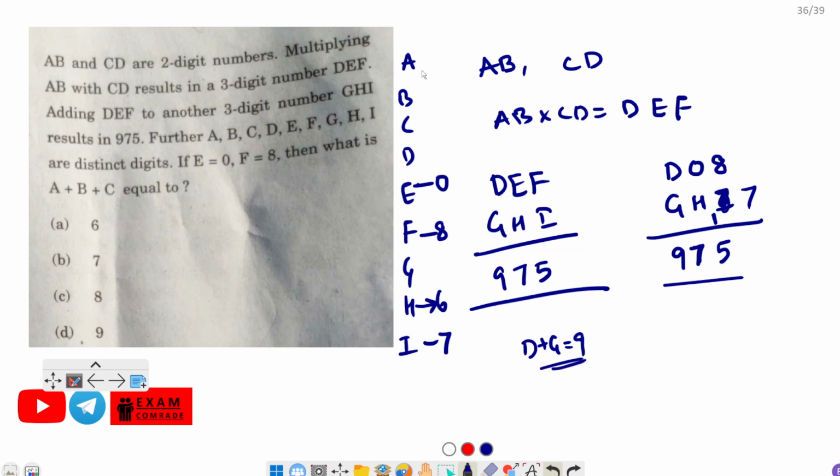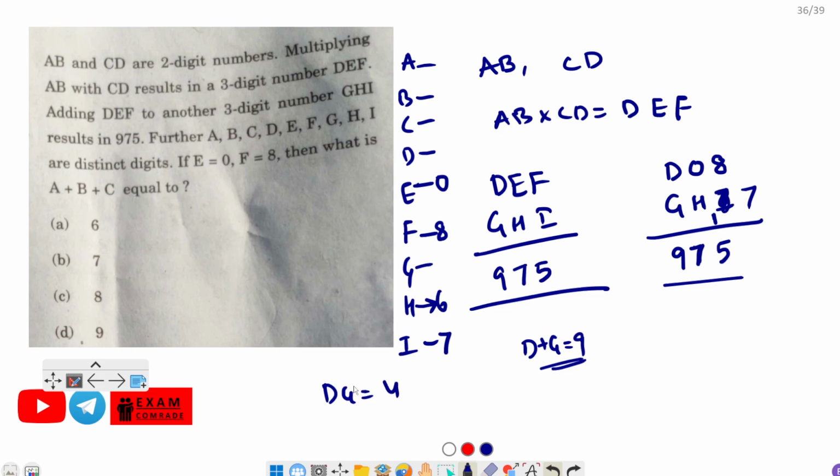Okay. The possible combination, 5 and 4, can be D and G, right? 1 and 8 is not possible. 0 and 9 is possible. 2 and 7 is not possible because I is 7. 3 and 6 is not possible.